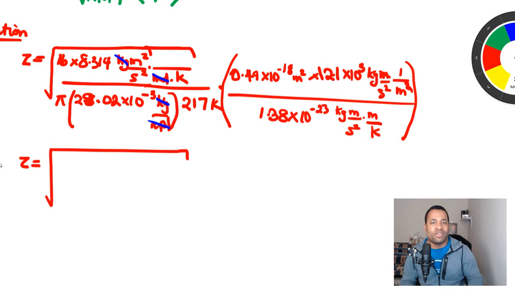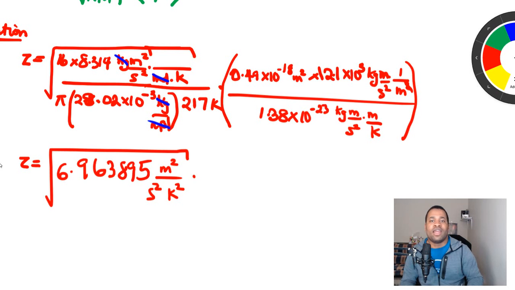When you put the numbers and divide on your calculator, you're going to get 6.96385. Take note here that we have our units to be in meters squared, and we have our other part at the denominator to be seconds squared, and finally we have our kelvins to be kelvins squared.